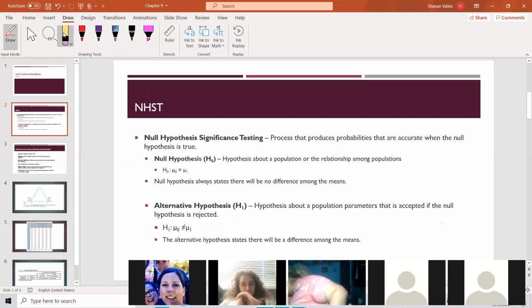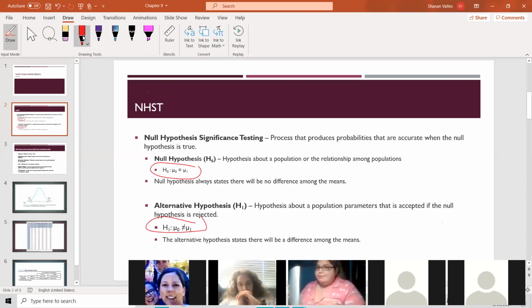I realize now I didn't go over these little things. This is how you write it symbolically. Okay, we'll get into that a little bit later where we start writing out all of our testing and our hypotheses and whether we determine it's significant or not. So you can write this symbolically.